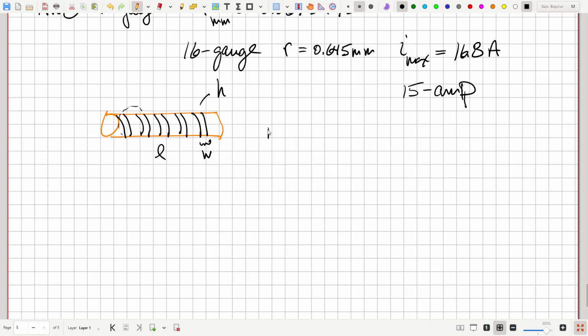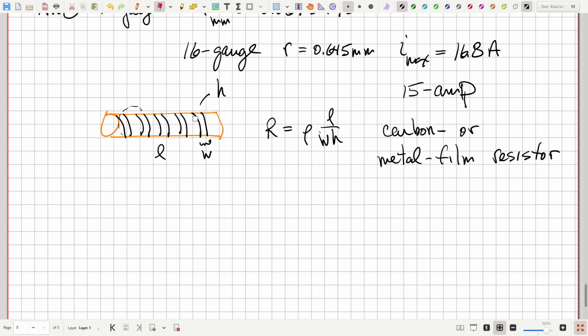And so we could then implement R is equal to rho L over the area, which would be the width times the height. And so that's called either a carbon or a metal film resistor.